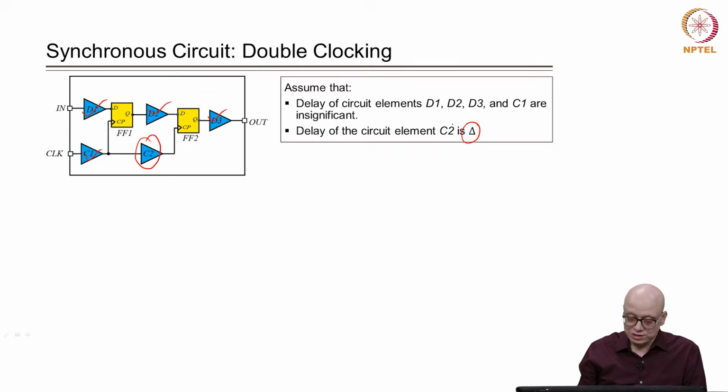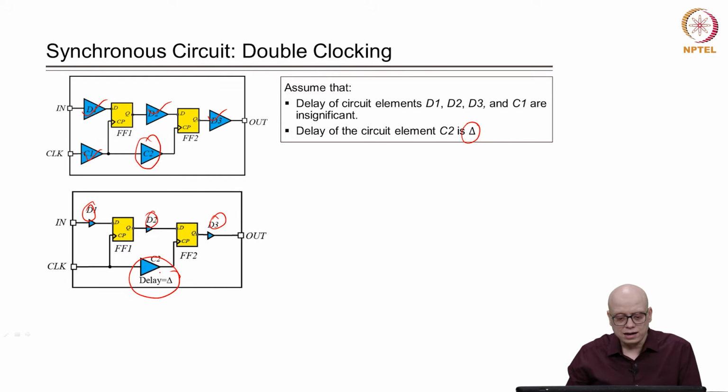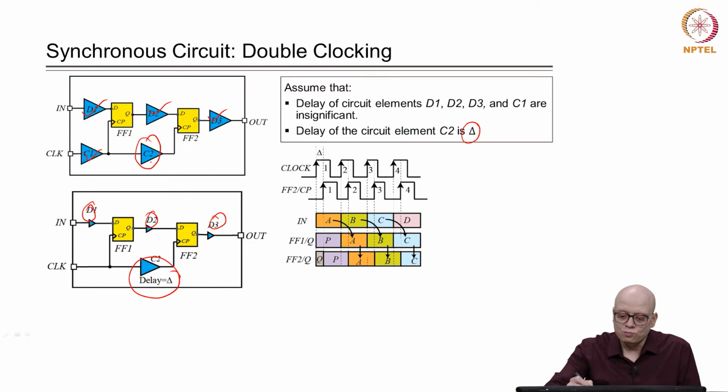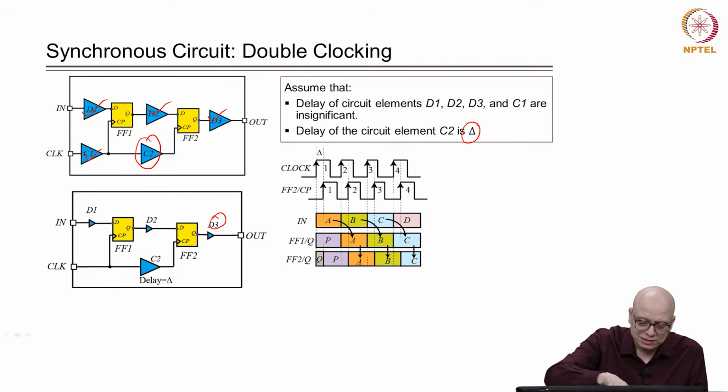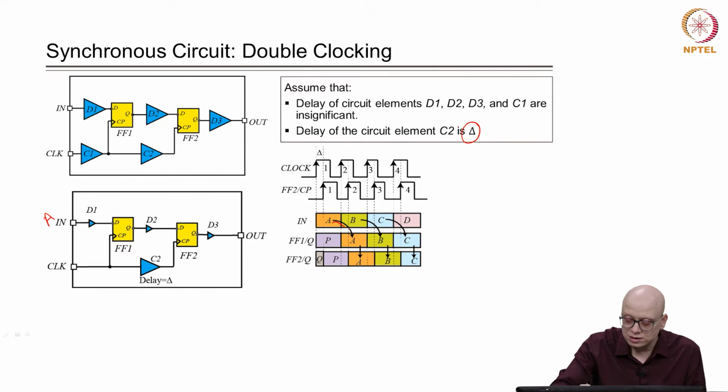Now, in this situation, we can draw an equivalent circuit where D1, D2, D3 are very small or negligible, and then we have a delay delta on the element C2. Now, in this case, what will happen? The data that was there, say at A, that came here, in the next clock edge, it will go to this point.